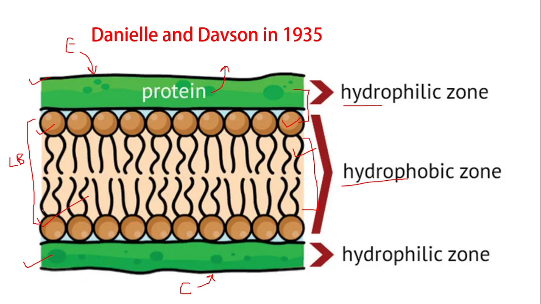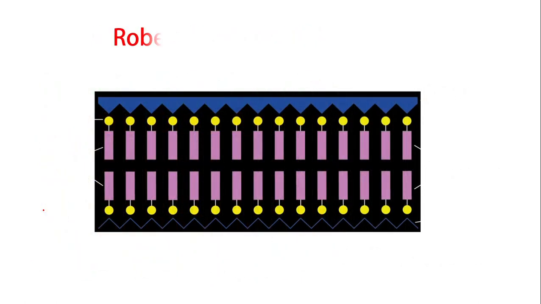But as it was not accurate, the next unit membrane model was proposed by Robertson in 1959. It was also not as accurate as the fluid mosaic model, which we will discuss in the next lecture.